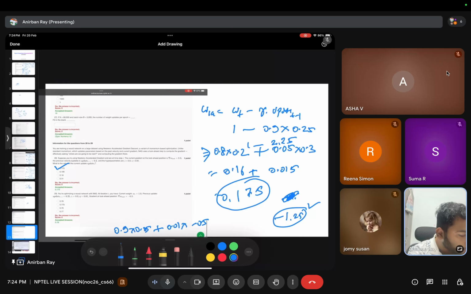This is what they're asking for, I think. So this is minus 0.005. Okay, and this one is 2.25, and we're subtracting this, so 2.245.